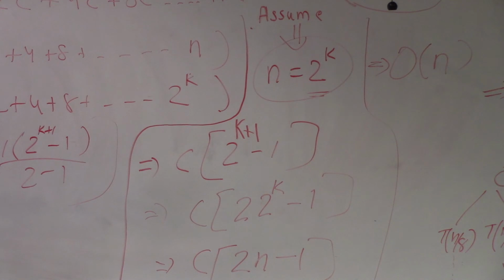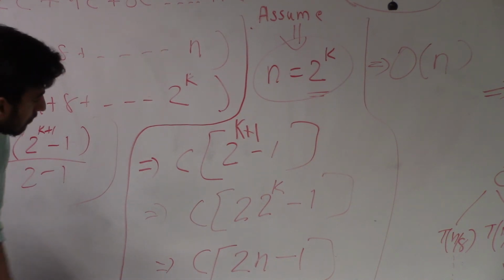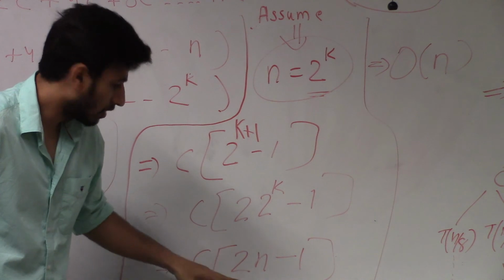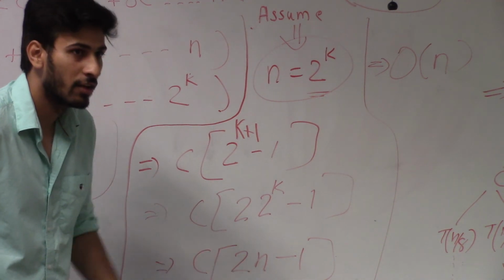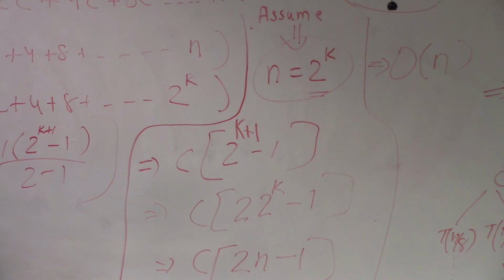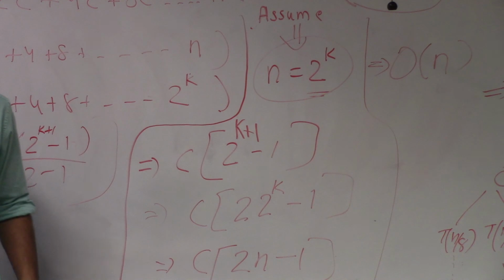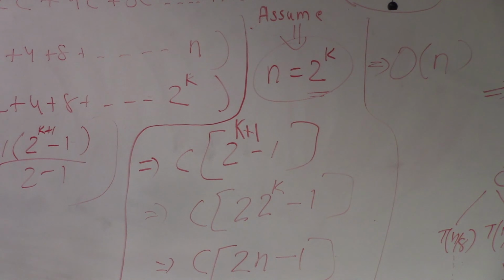Is that last one 2 to the n or 2 times n? The one right below? Yes, 2 times n. Oh, my writing is so bad. This is my third time writing on the board, so it's going to be bad. That should be big O, right?